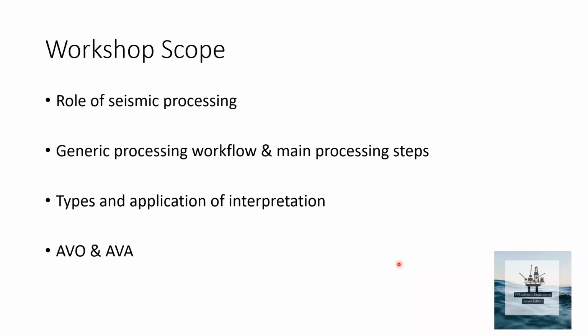The role of seismic processing, generic processing workflow and main processing steps, types and applications of interpretation, and we will end up with AVO and AVA, and a little note about inversion as well.